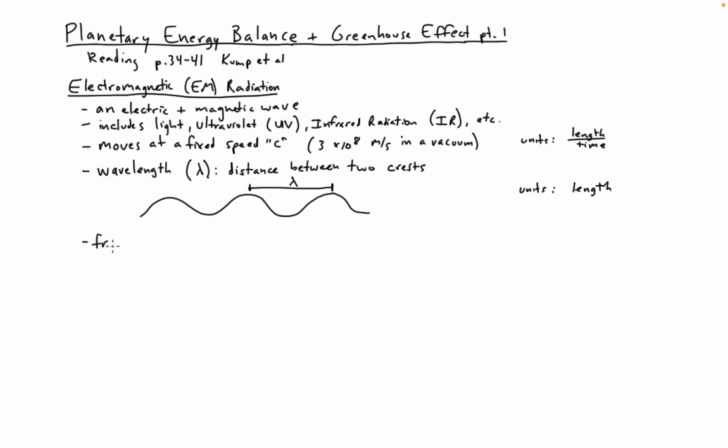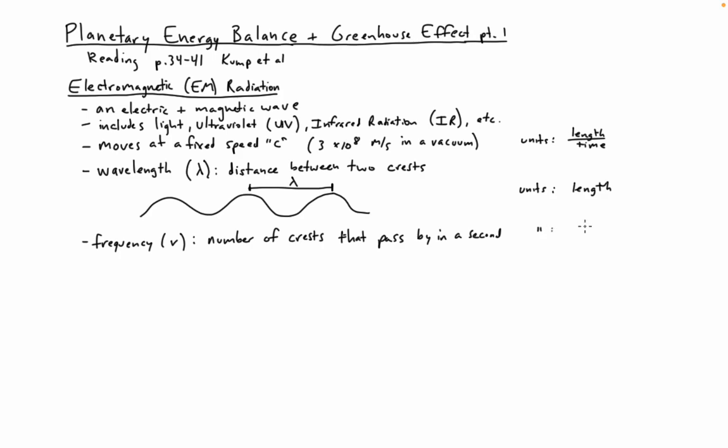Okay, and the other property of the wave that we need here is frequency. We use the Greek letter nu. And the frequency is the number of crests that pass by in a second.